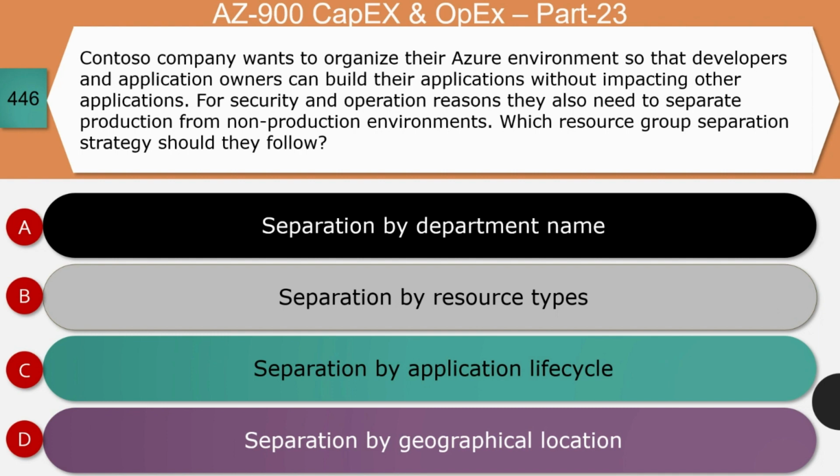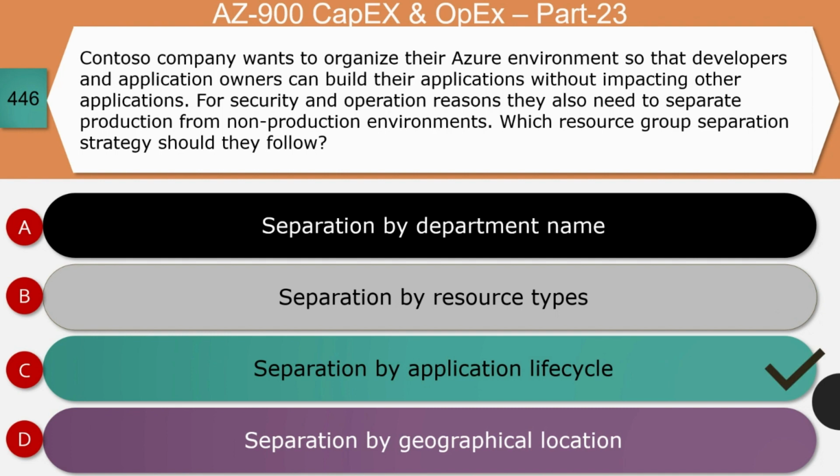Is it separation by department name, separation by resource type, separation by application lifecycle, or option D, separation by geographical location? If you look into the question, they need to separate production from non-production environment. And so the right answer for this question is option C.